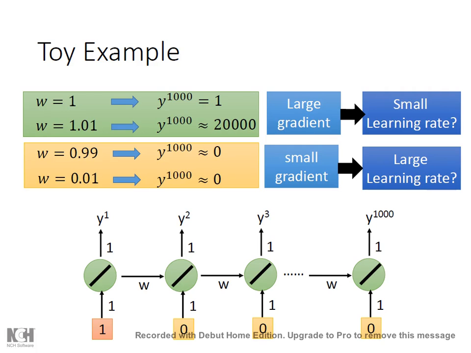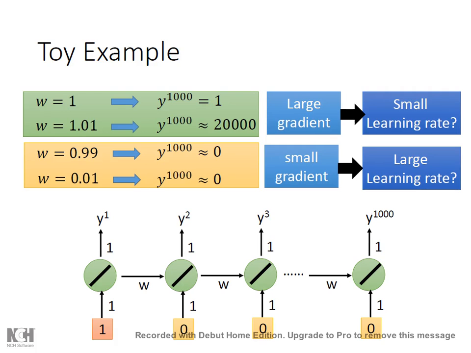The weight is multiplied again and again. If your weight is just 1, after 1,000 iterations it is still 1. But if it's just a small bit more, 1.01, after 1,000 iterations it gets much bigger.